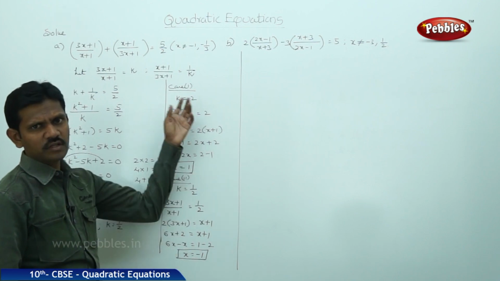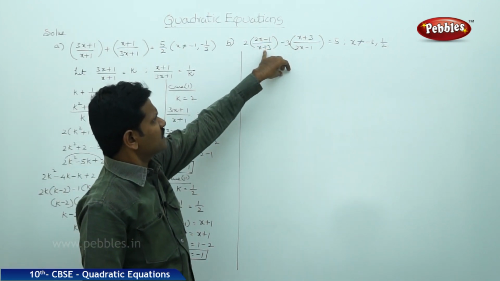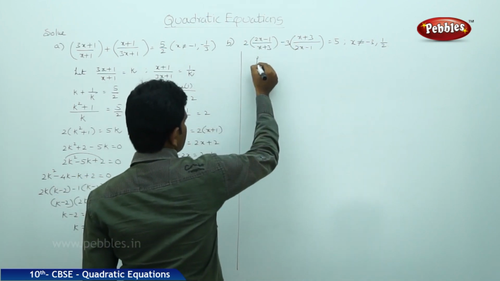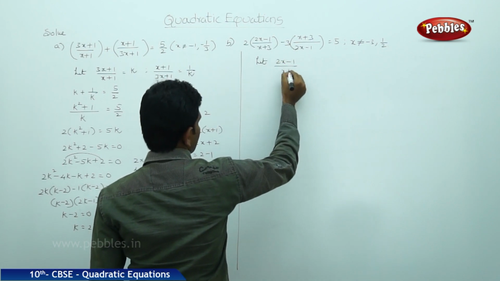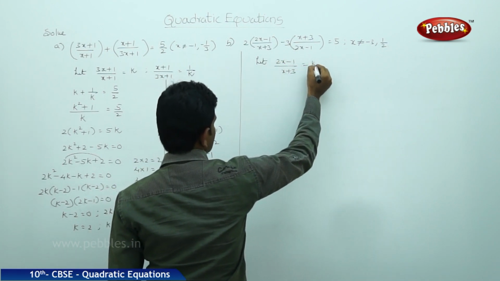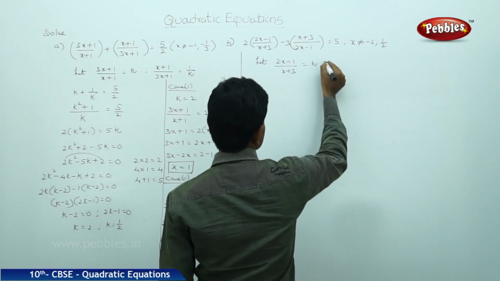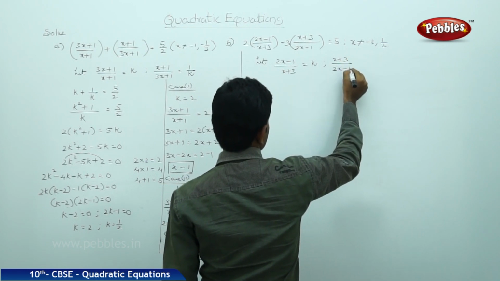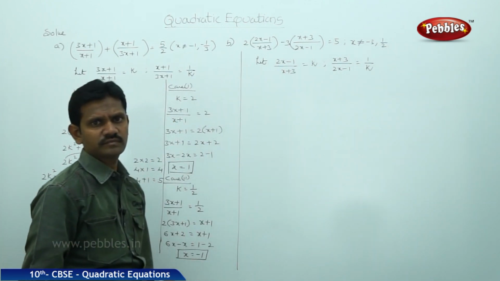Let us follow the second question. In the second question also, this part is a reciprocal of this part. That is, let my supposition 2x minus 1 by x plus 3 is equal to k. That implies x plus 3 by 2x minus 1 is equal to 1 by k.